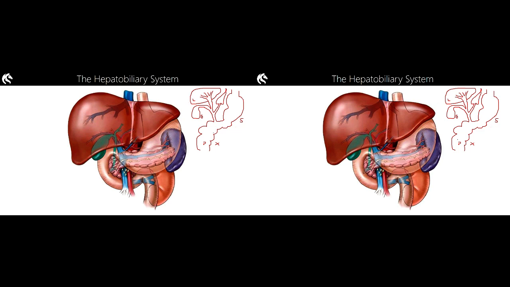One of the worst ways to die is a carcinoma of the head of the pancreas. The reason for that is by the time that carcinoma has been found, it's well established.